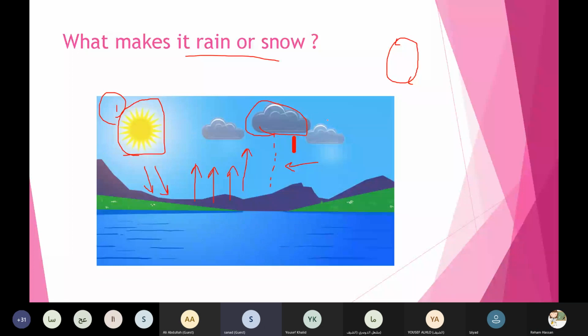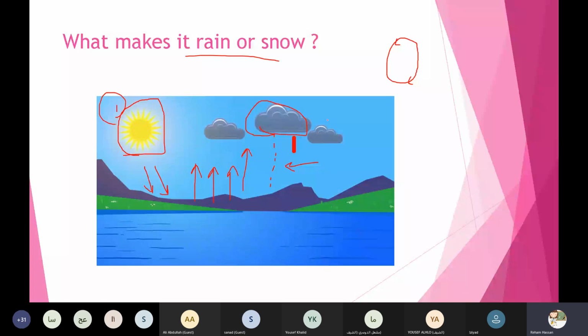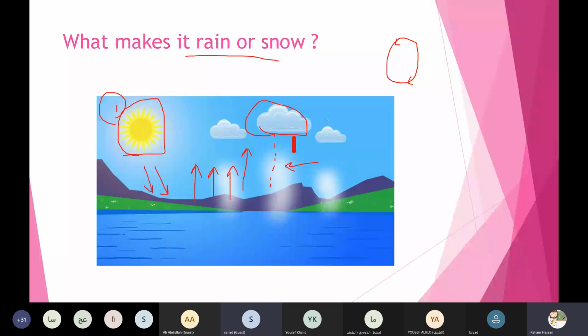Yes, Sanad, the water cycle. Can you repeat? Water cycle. Okay, thanks a lot, Sanad.